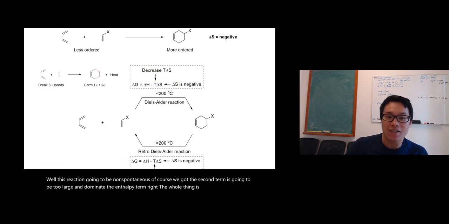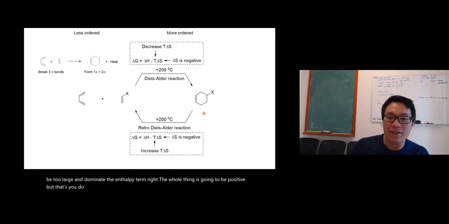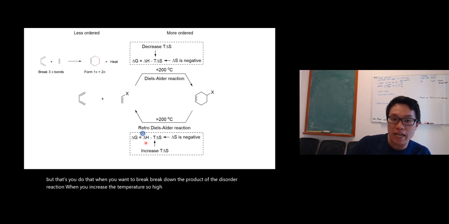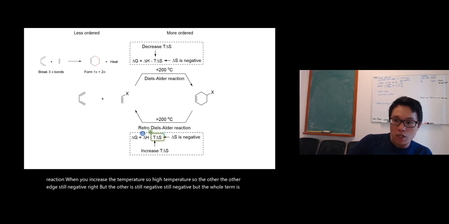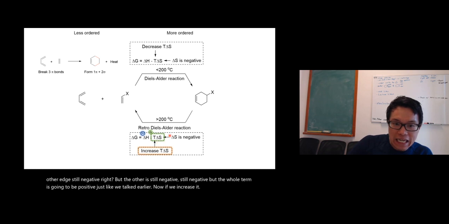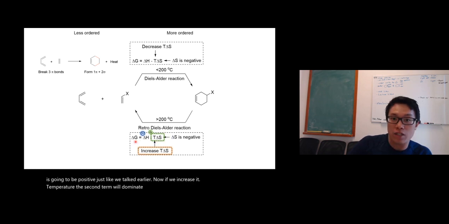But you do that when you want to break down the product of the Diels-Alder reaction. At high temperature, delta H is still negative and delta S is still negative, but the second term will dominate and delta G is going to be positive, which means this reaction will favor the formation of the starting material, the reactant.